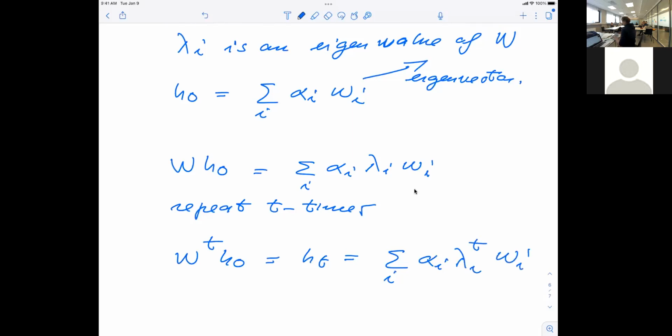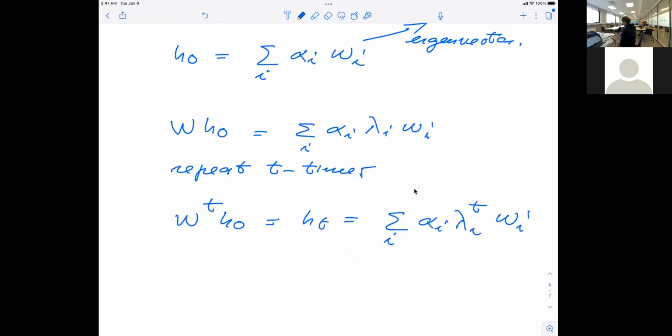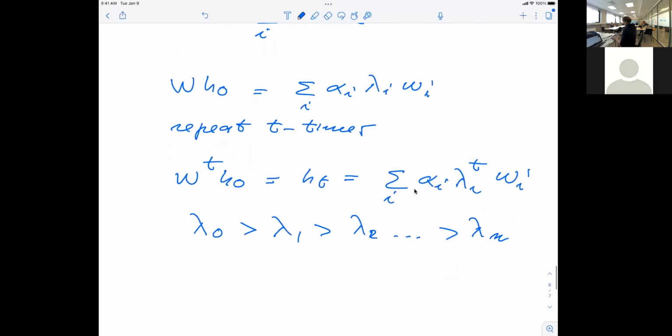multiplied with the eigenvectors. Now what you could assume is that the eigenvalues are ordered in a descending series, so that lambda 0 is the largest one, then lambda 1, and so on down to lambda n, and that this matrix is a real matrix of dimensionality n times n.